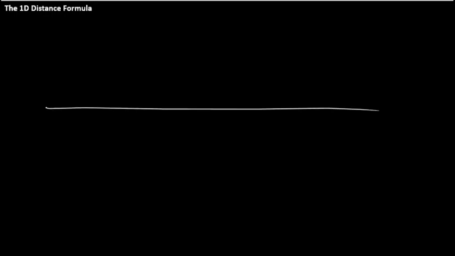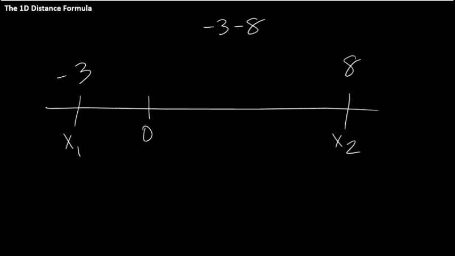So when I've got two numbers, let's say I have an x1 and an x2. When I've got two numbers, say this is negative 3, this is positive 8. 0 would be in here somewhere, right? So basically what I've got is negative 3 minus 8, that would give me negative 11.